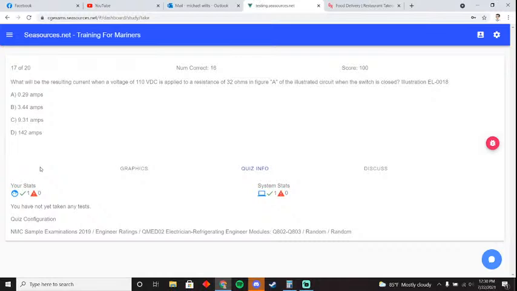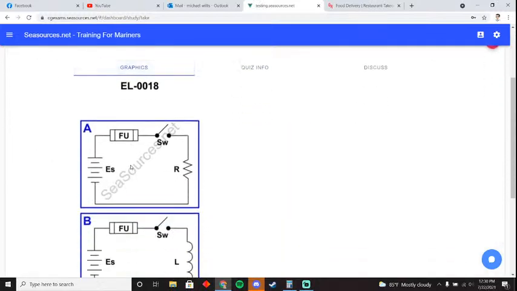What will be the resulting current when a voltage of 110 volt DC is applied to a resistance of 32 ohms in figure A? Now let me explain what this is. You only have one resistor in the circuit, right?